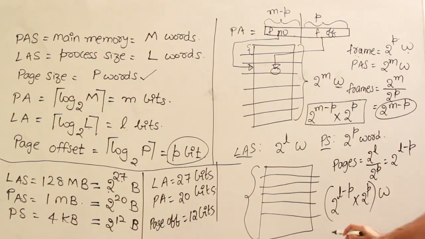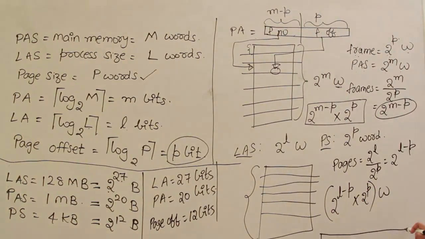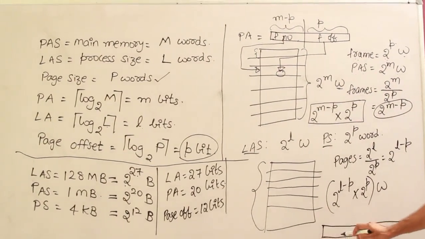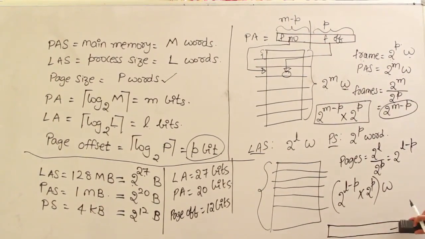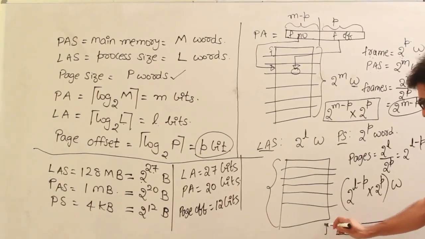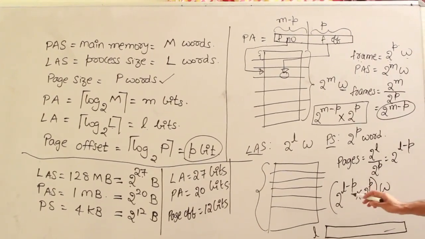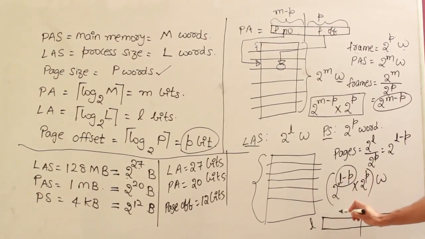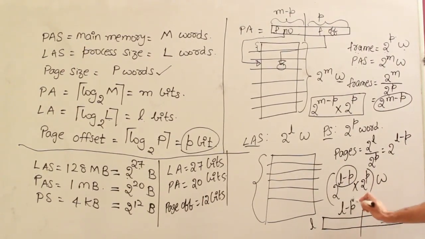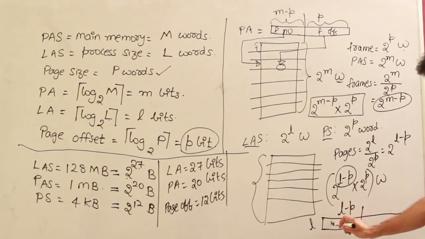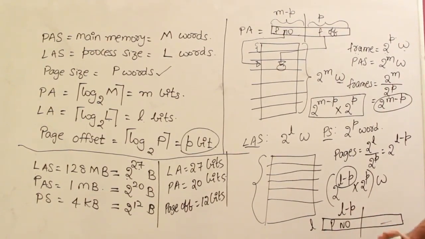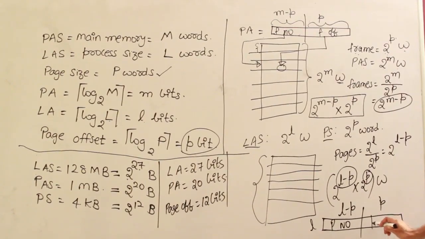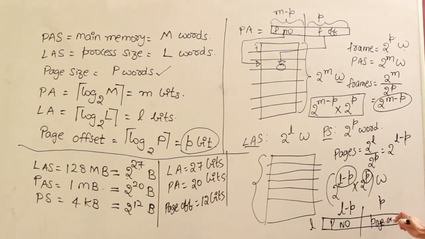Okay, then how can you divide the address? Each address is going to contain L bits, right? Now those L bits can be divided into two parts. One part will contain the L minus P most significant bits, which gives us the page number, and the least significant P bits are nothing but the page offset.